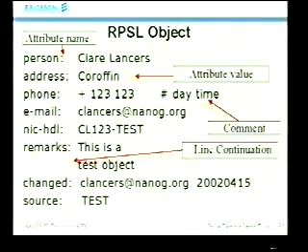The NIC handle field is mandatory in an object where it is part of the primary key. But the NIC handle could appear in an object where it was not part of the primary key. In that case, it would be data of that record that would not necessarily be mandatory.